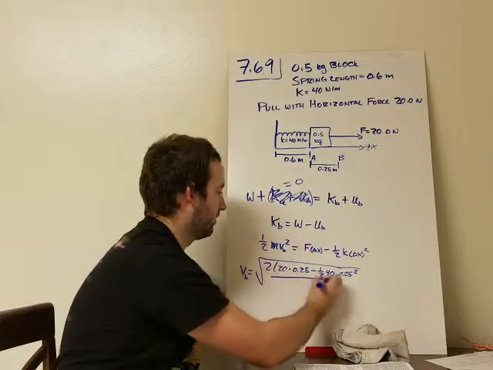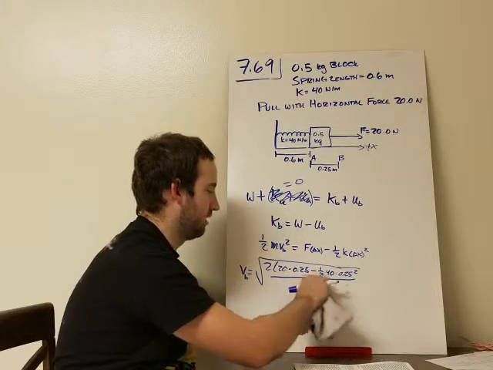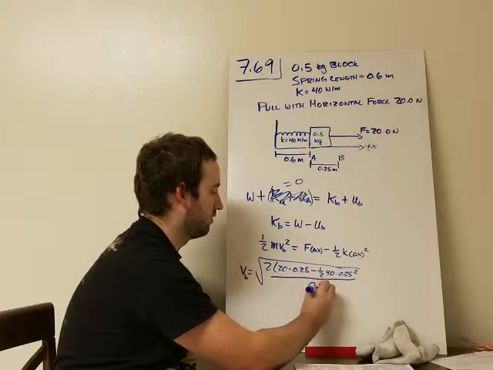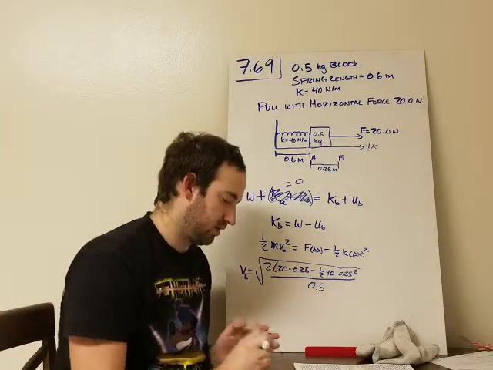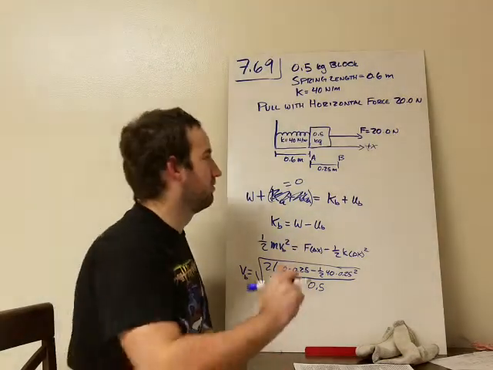And at the bottom we're going to have the mass, which is equal to 0.5 kilograms. When we plug that into our calculator, we get that the velocity at point B is equal to 3.87 meters per second.